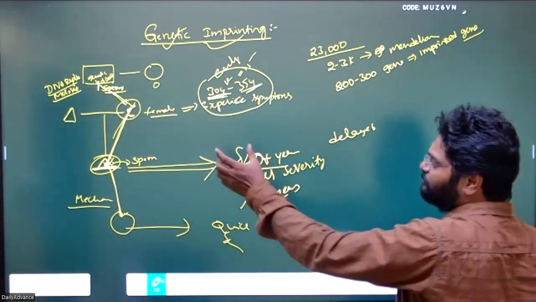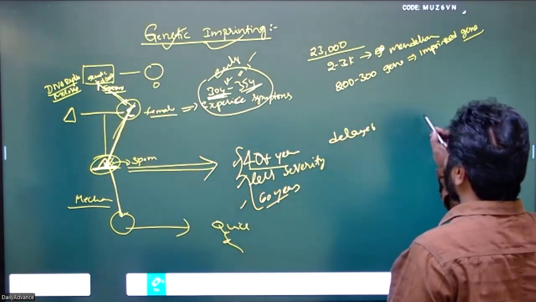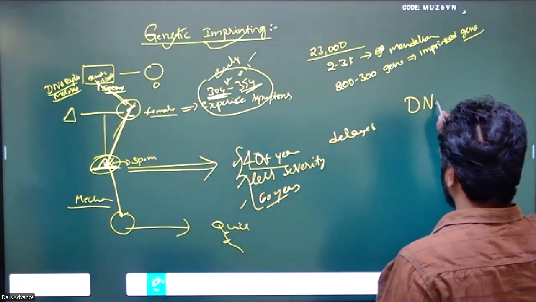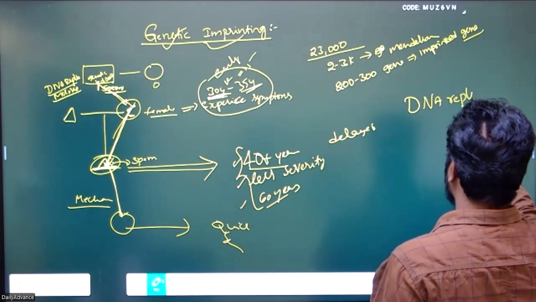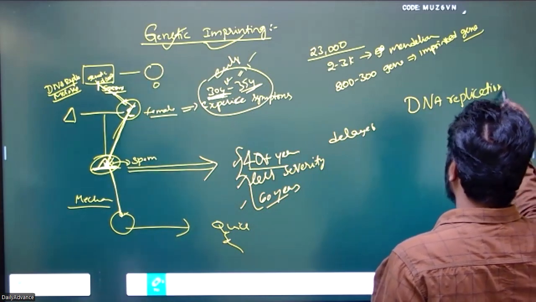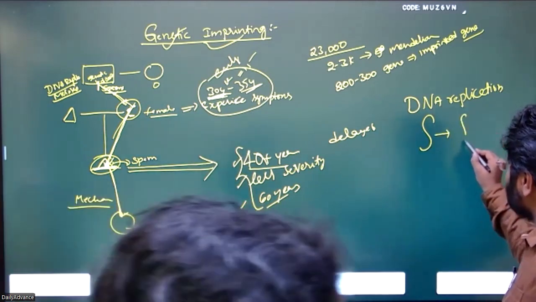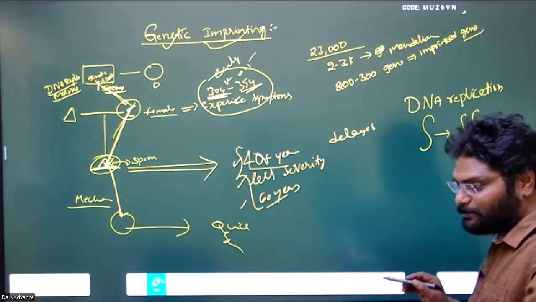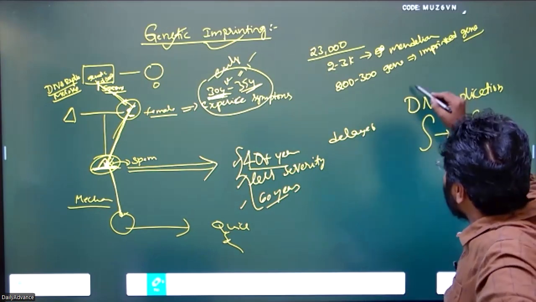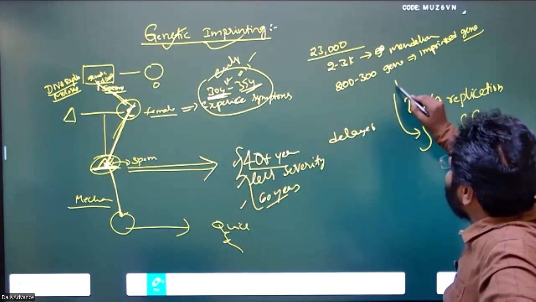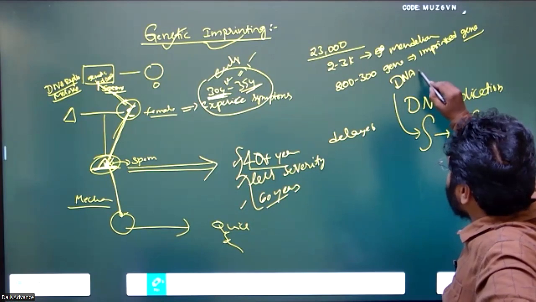In every person undergoing DNA replication, one copy of a gene creates its own duplicated copy, which we call DNA replication. The precursor of this DNA replication is nothing but DNA methylation.